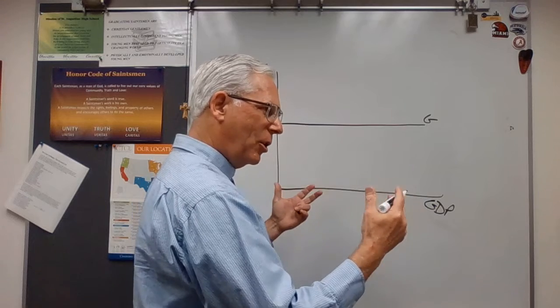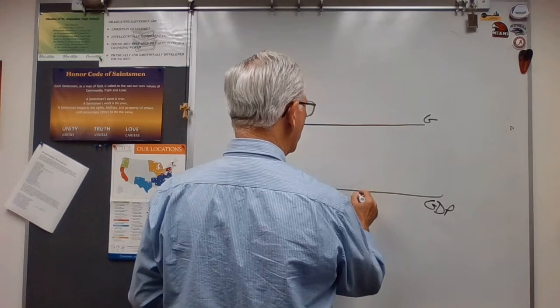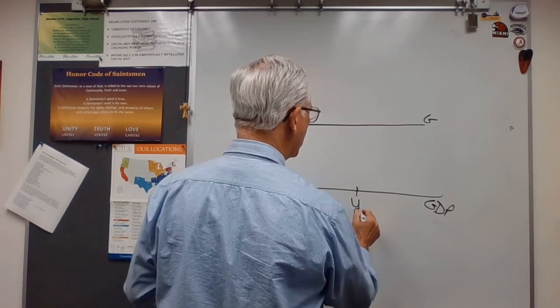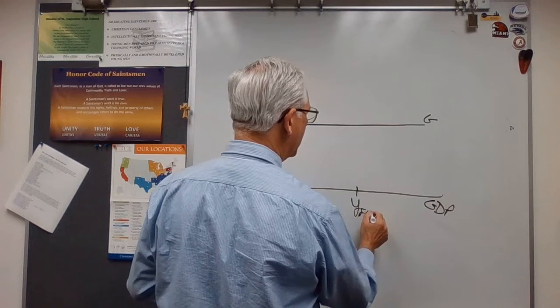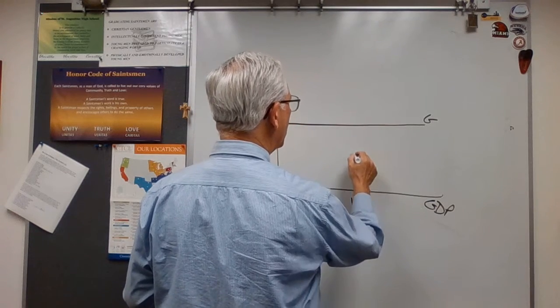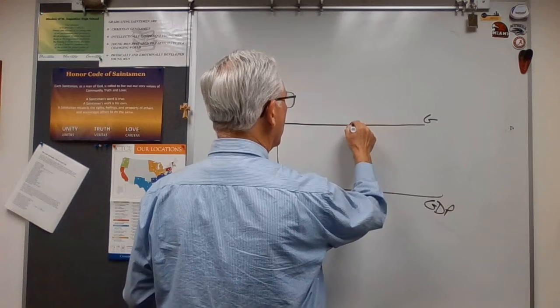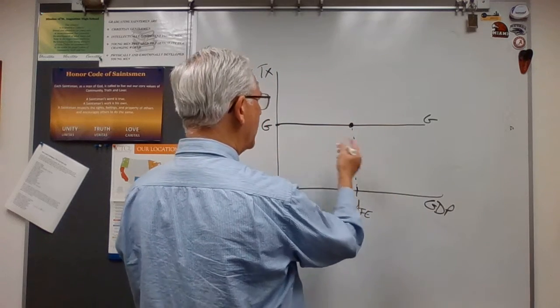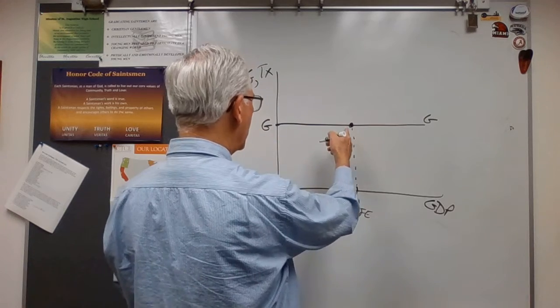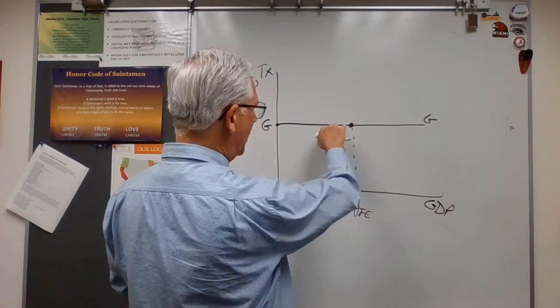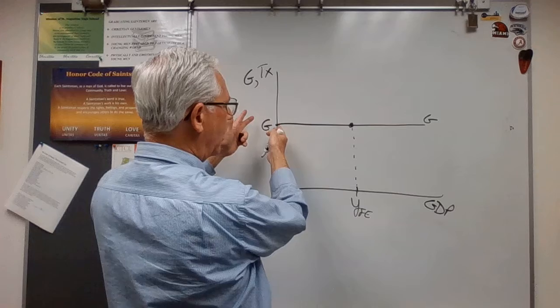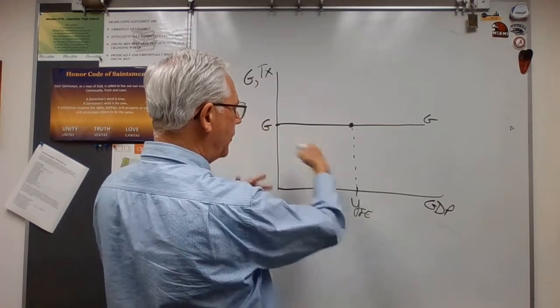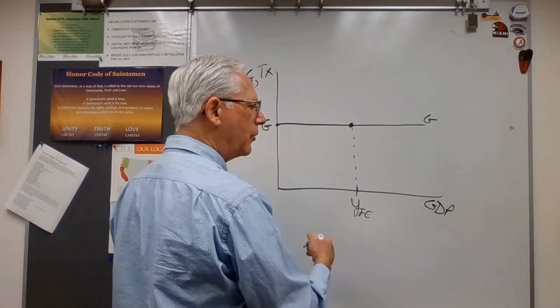Ideally, in a perfect world, an economy would say at the level of output that is our full employment level of output, we want to have a situation where the tax receipts equal the government spending. So in a perfect world, tax receipts would be whatever the government spending dollar amount is. If that's $100 billion, then tax receipts would be $100 billion.